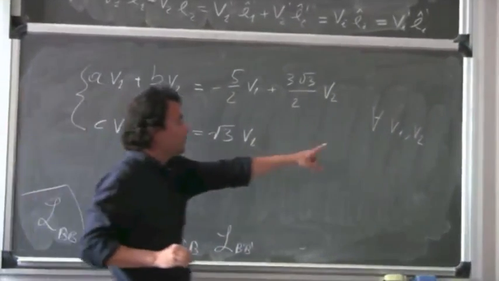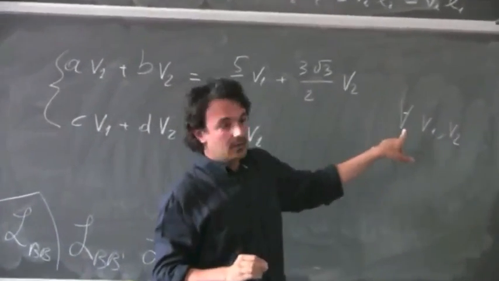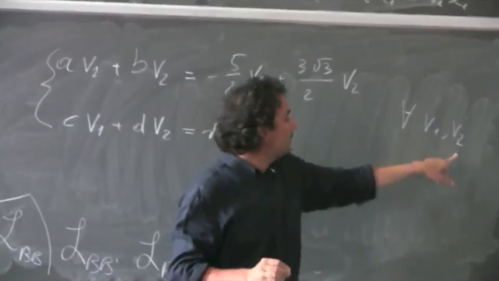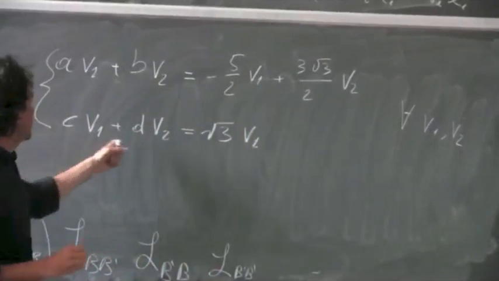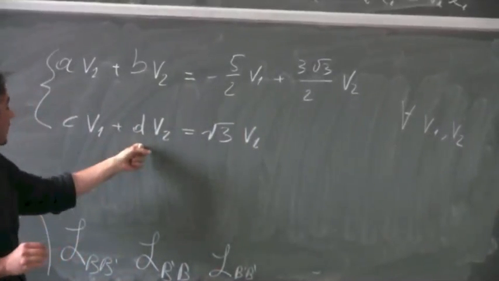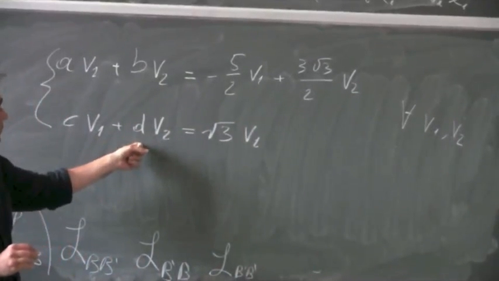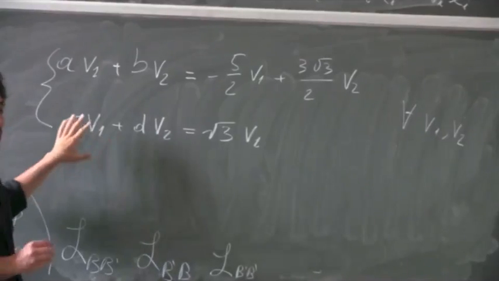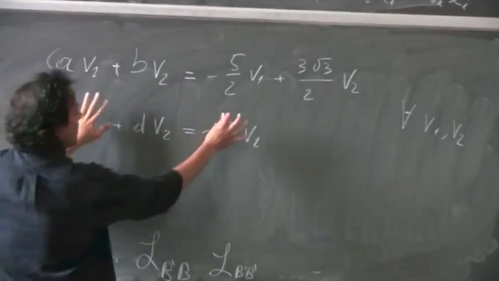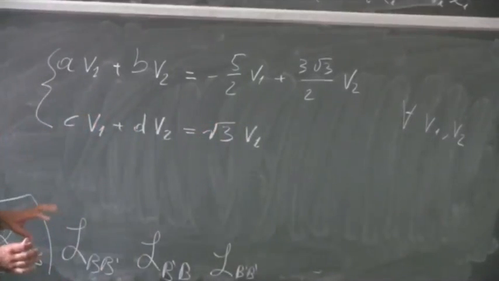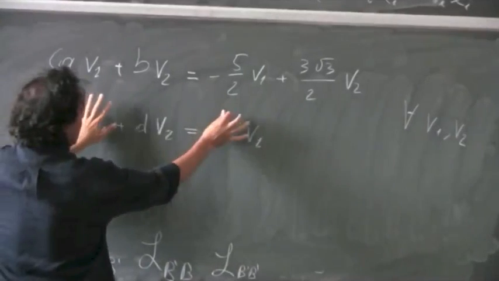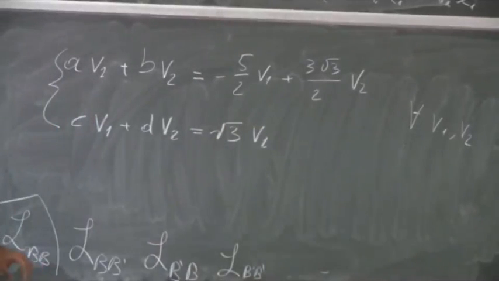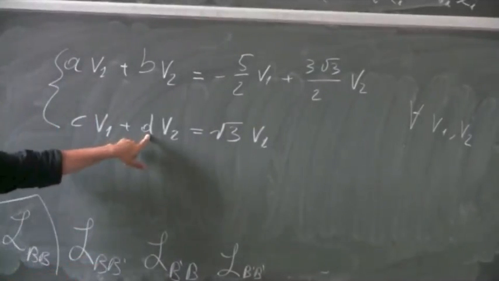This is the symbol for, that means, for every V1 and V2. That means that here, for example, if we want that this is equal for every V1 and V2, for every V1, it means that also for V1 equal to 0, and also V2 equal to 1.